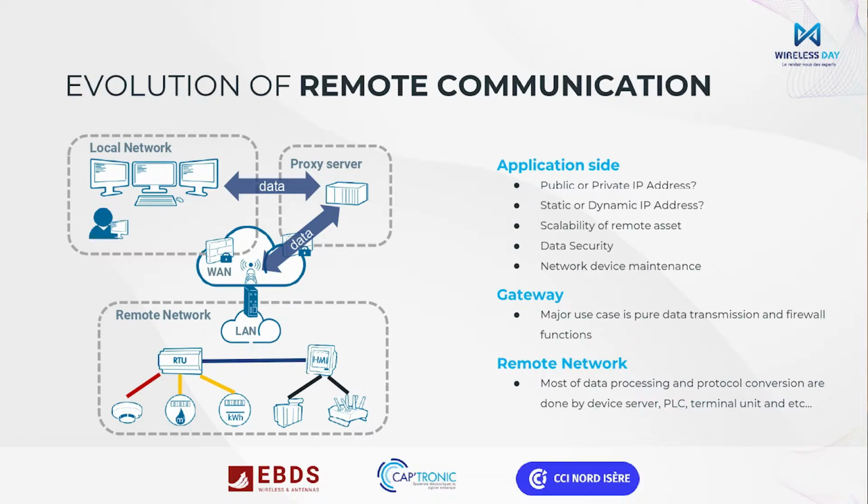This is the solution that was implemented, I would say, in late 2009, 2010, when many suppliers tried to implement this kind of proxy server. Most likely it's just software.